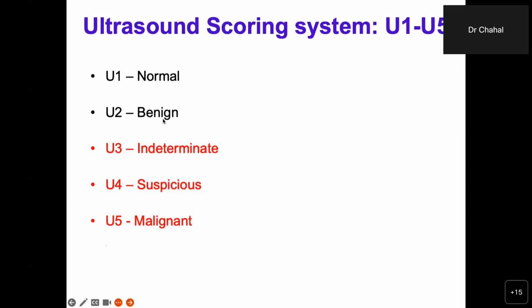A U2 is a benign nodule that doesn't need any treatment or any investigations. But if your patient has a U3, U4, U5, then there's a higher risk of thyroid malignancy. And we tend to recommend FNAs in anything that's above a U2. So U3, U4, U5. Most U3s come back normal. U4, U5, more suspicious for thyroid malignancy.